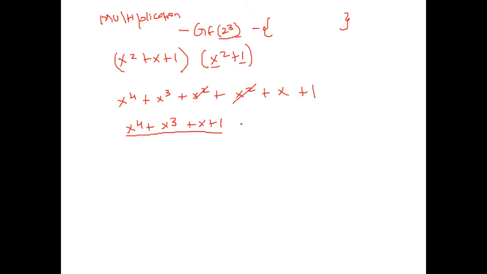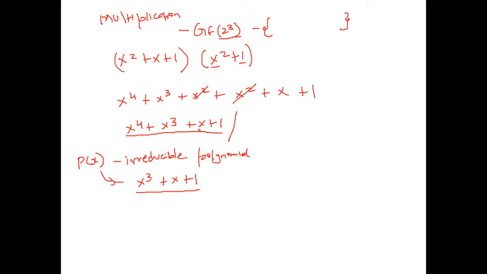So in this case we have to use an irreducible polynomial. So P(x) is nothing but an irreducible polynomial, another polynomial, and we are going to take this polynomial x^3 + x + 1.